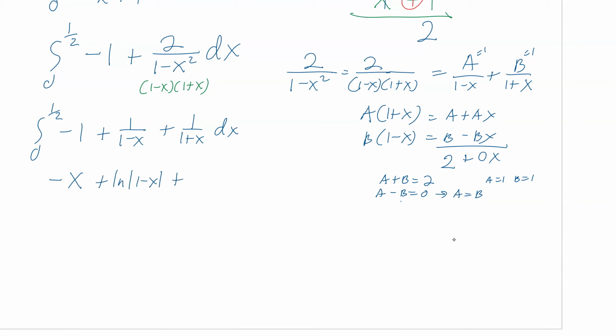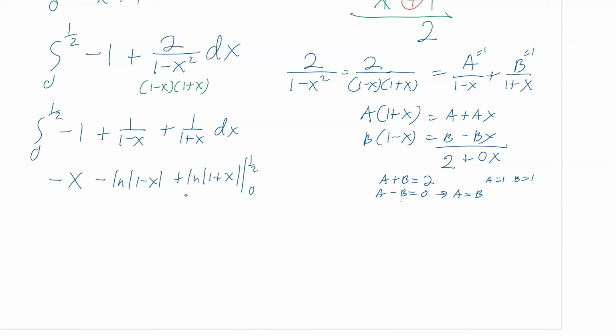Plus, ooh, there's a negative x there. So we need to change that to a negative because it would be 1 over this right here, right? So this would be 1 over 1 minus x times a negative 1. So we need the negative to cancel it. Remember, there's a negative here. So we need it here. Plus ln of 1 plus x from 1/2 to 0.